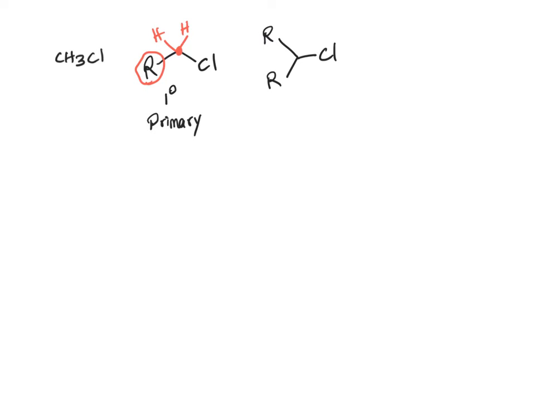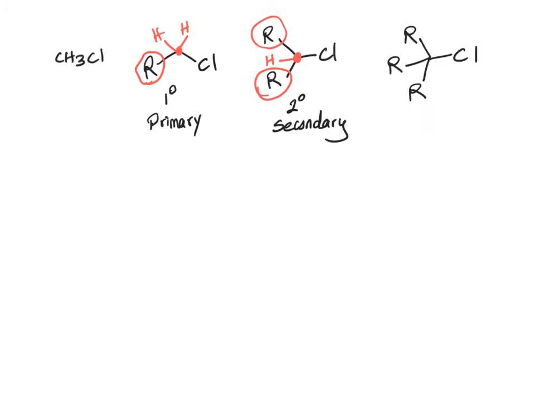If a halogen is bonded to a secondary carbon, this is called a secondary alkyl halide. And a secondary carbon is a carbon, like this carbon, which is bonded to two other carbons, two alkyl groups, and one hydrogen.